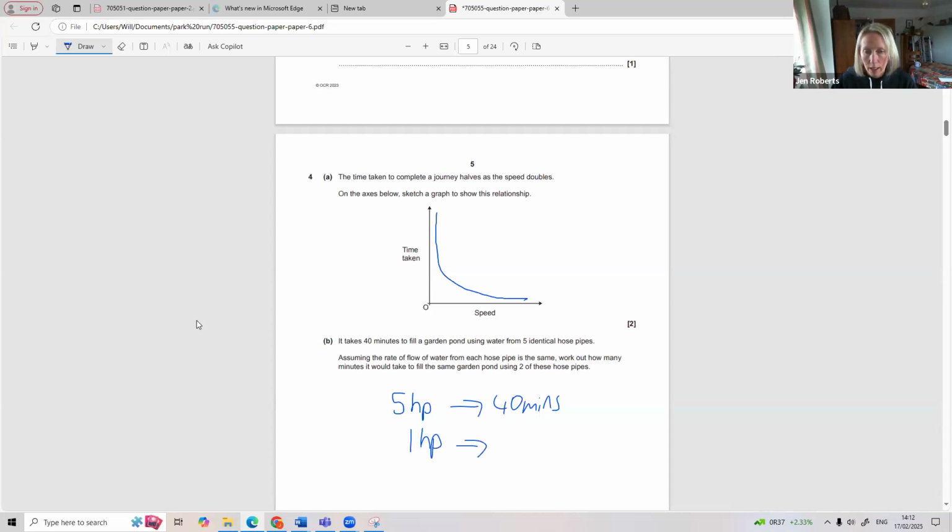Obviously, it's going to take more time, so I'm going to times that by 5. 40 times 5 is 200 minutes. But we want to know for 2 hose pipes. So it took 1 hose pipe 200 minutes. Obviously, we divide that, halve it, because we've got 2 hose pipes doing the same job, 100 minutes.